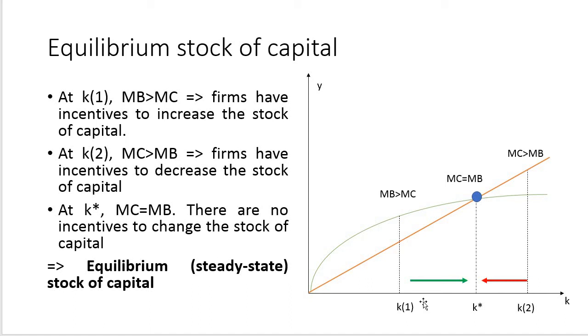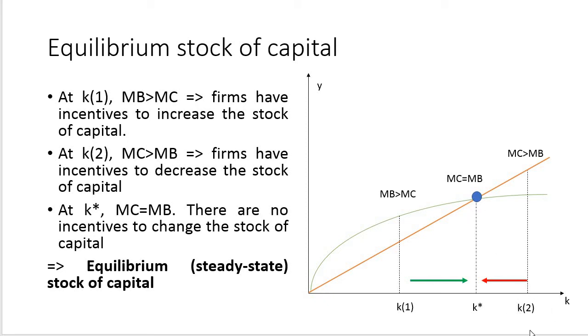So if the stock of capital is equal to K1, then marginal benefit actually exceeds marginal cost. So if you have this stock of capital, then capital accumulation exceeds capital depreciation. And in this case, you have incentives to increase the stock of capital because each additional unit of capital gives you positive net benefit.